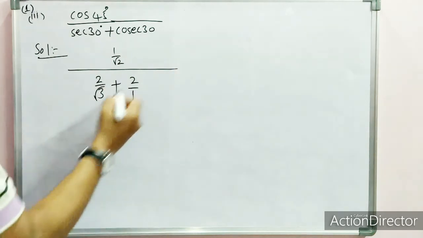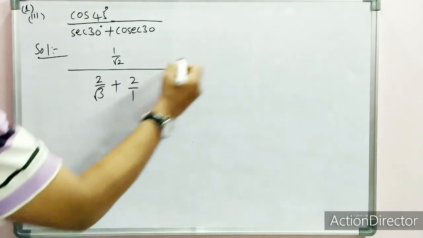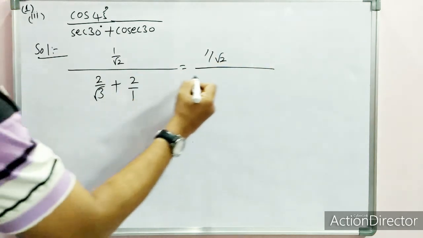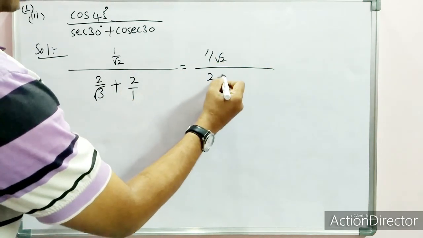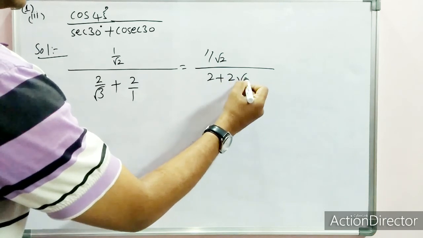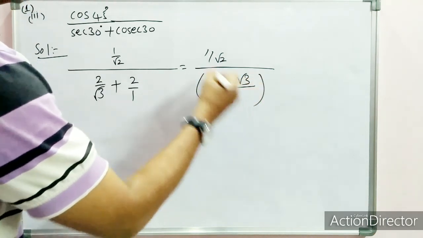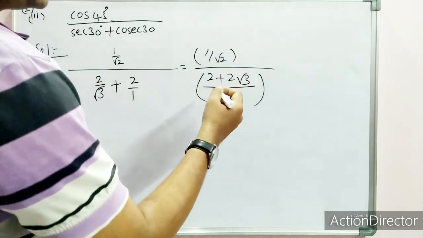Now you see it will become 1 by root 2, divided by, take the LCM. It will be 2 plus 2 root 3 by root 3. So this is the denominator, and do the cross multiplication.